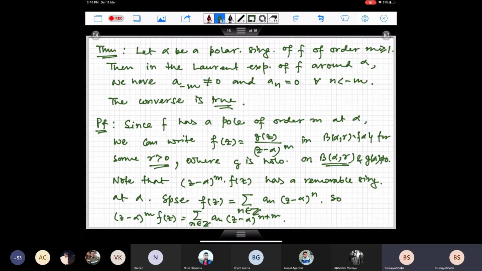So what can I say now? Look at this expression and tell me what do I get? From alpha being a removable singularity, we get which coefficients to be equal to 0? For which n plus m is less than 0, right? Isn't it?